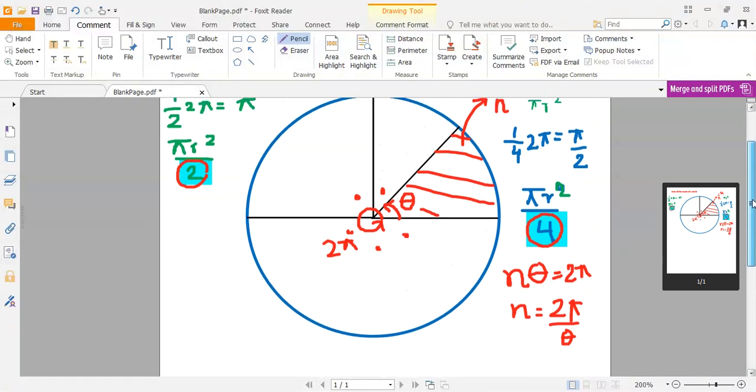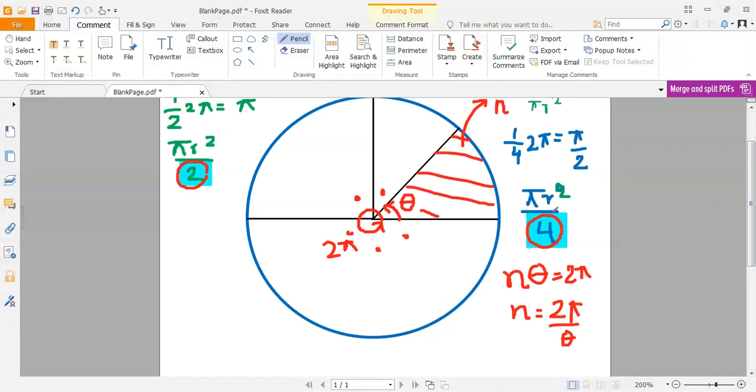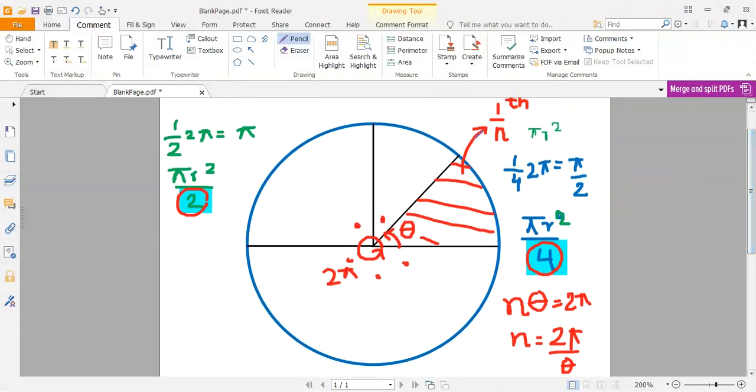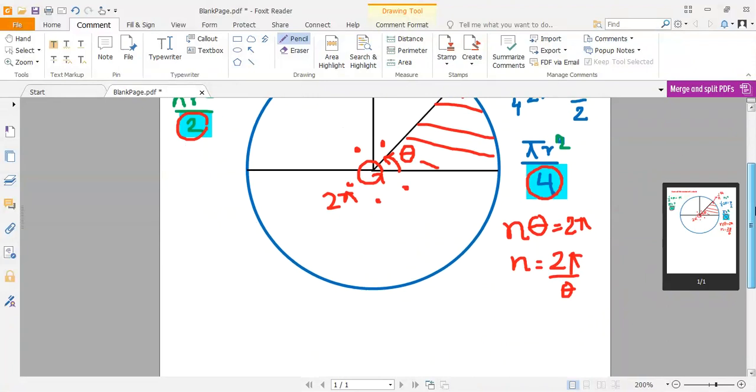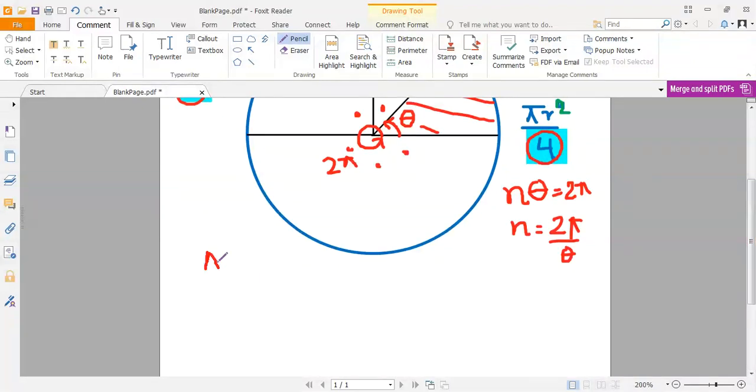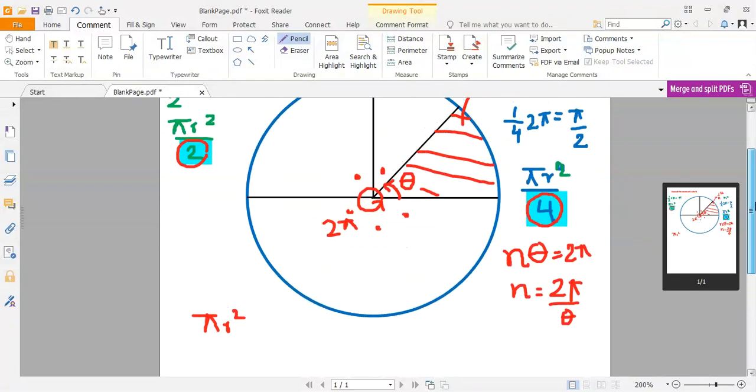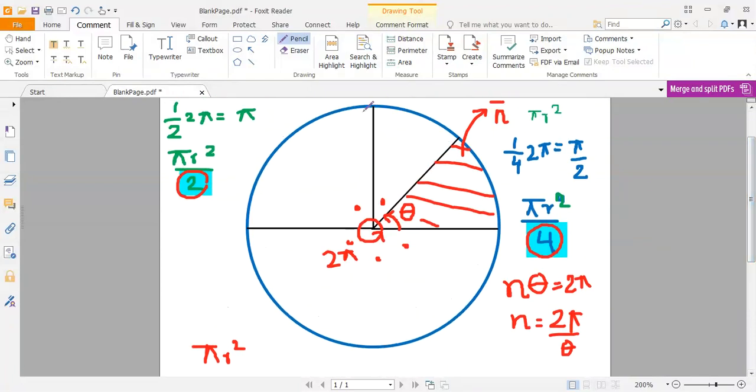Now I'll be repeating the exercise that I did before. So what will it be? Pi r square divided by the proportion that I'm considering. For 1/4 of the circle, I had put 4 here. For a semicircle, I had put 2 here.